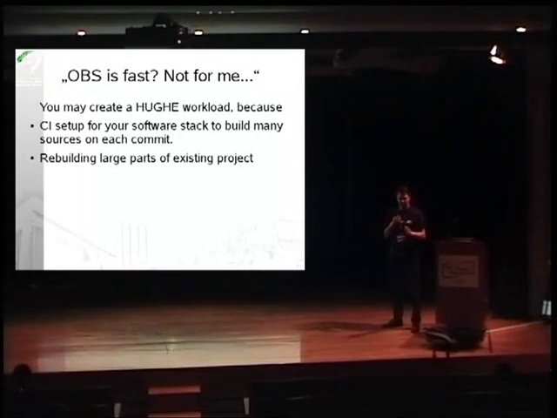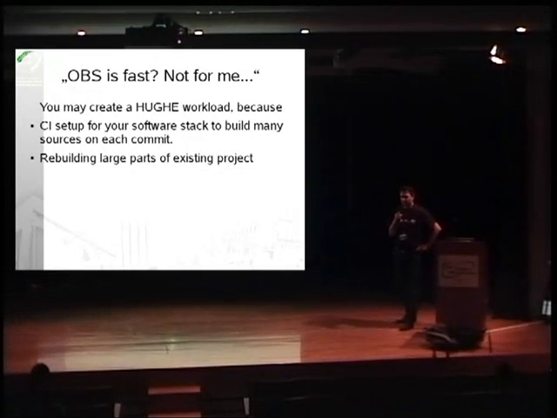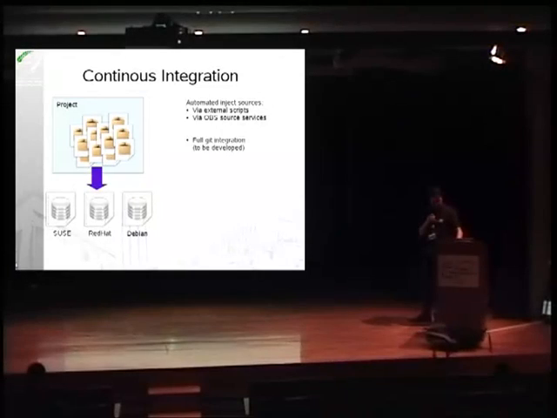And they have, I believe, 200 or 300 developers. So they have quite a number of Git commits. And each time the entire thing must be rebuilt. I don't know exactly how long it takes them, but it creates lots of build load. So that's an example.